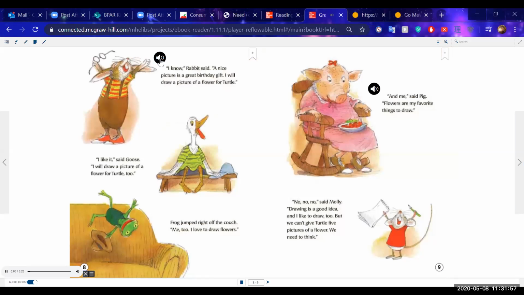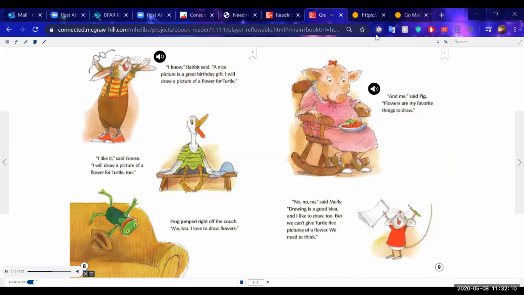I know, Rabbit said. A nice picture is a great birthday gift. I will draw a picture of a flower for Turtle. I like it, said Goose. I will draw a picture of a flower for Turtle, too. Frog jumped right off the couch. Me too. I love to draw flowers.